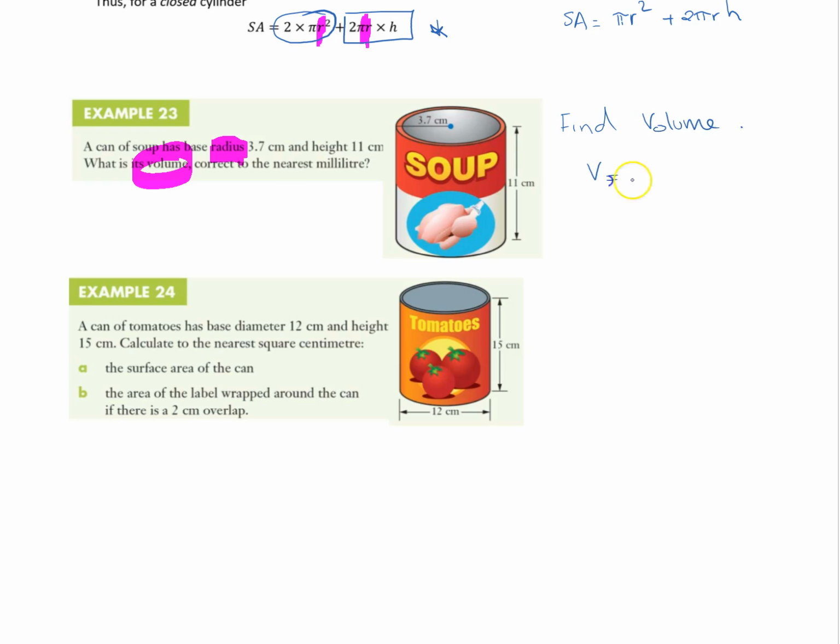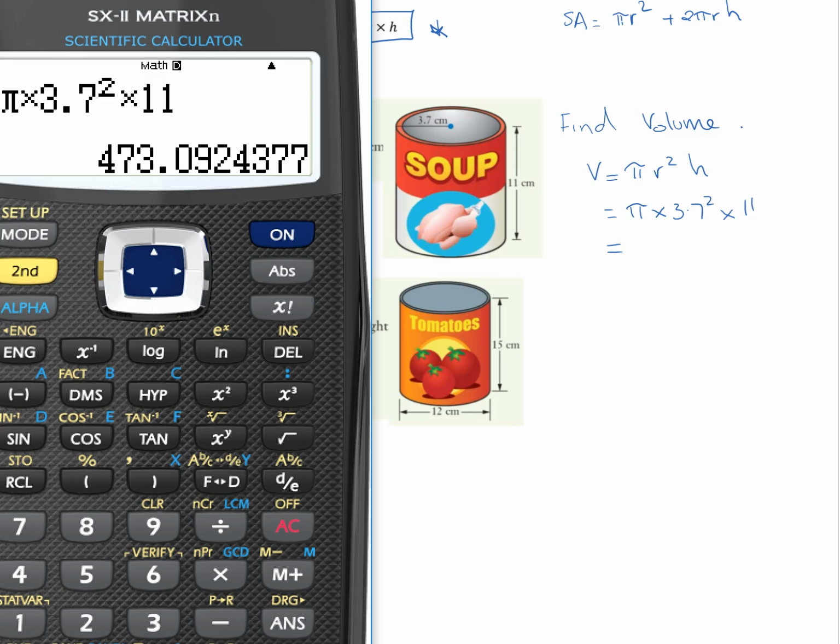We've got a formula that you remember, you have to learn this one yourself. It's pi r squared h. So it's pi times the radius, 3.7 squared, times the height, which is 11. All the units are the same, so we don't have to do any converting. And as you can see there, it's 473.092.